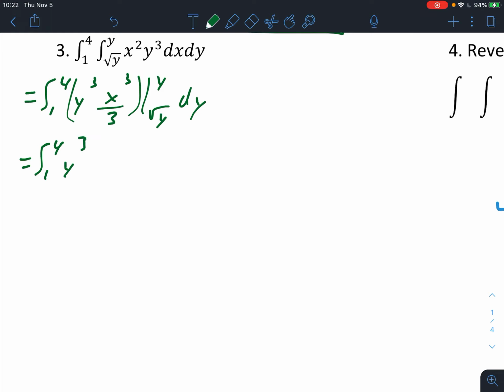Substituting in the y, we get y cubed over 3 minus root y cubed, or in other words, just y to the 3 halves over 3.